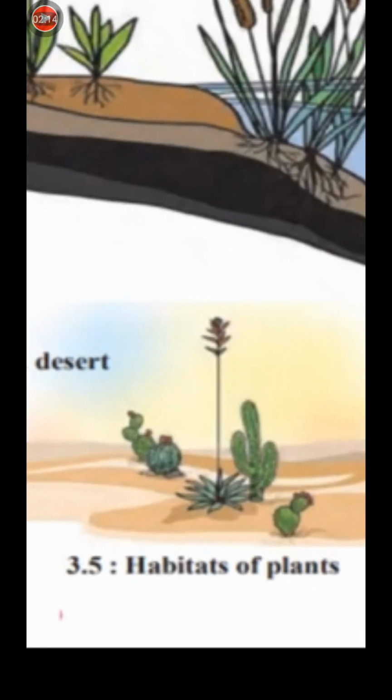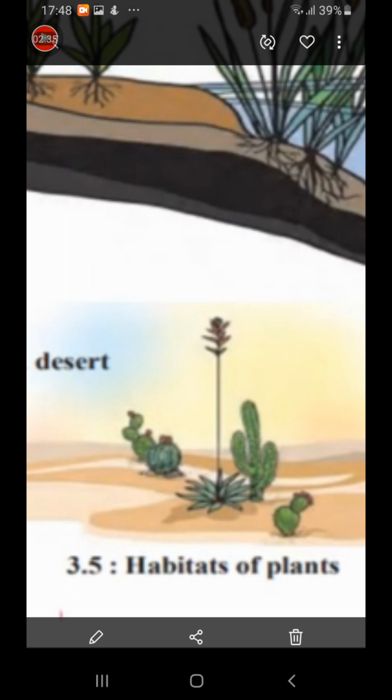The leaves are modified into thorns because of the water which is emitted out from the body of the plant; this reduces the water emission. We say water loss is stopped. That's why the leaves are transformed into thorns, because it is found only in the desert area.